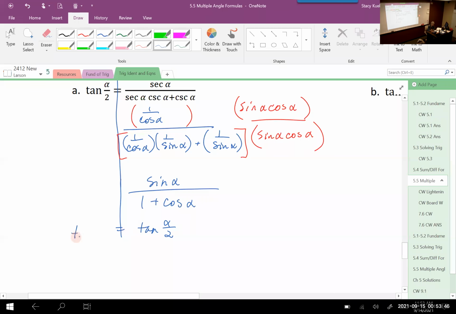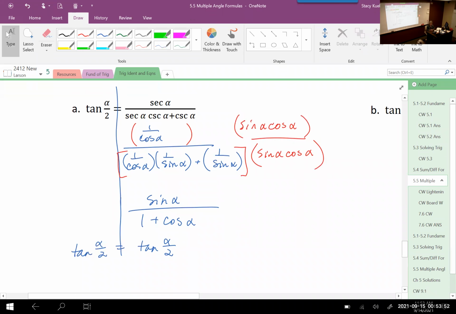So I did it. Two steps, it's verified. That's how we would multiply through. Again, that's an example of one of those strategies of changing everything into sines and cosines. Okay, all right, let's look at another one.